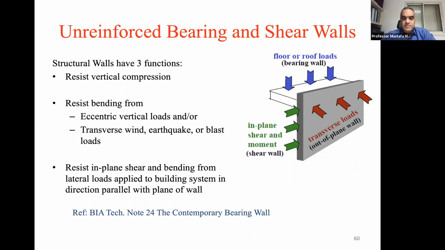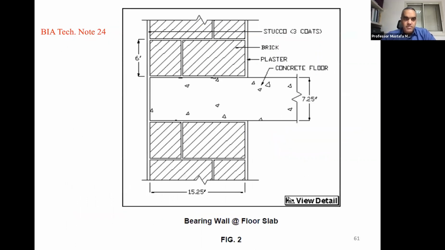So here you have some of the details that are mostly related to brick in this case. Again, those are taken from the technical notes. Many of us, of course, probably would do some repairs on existing buildings. Many companies do that work.